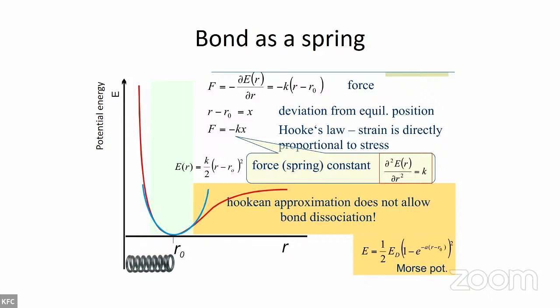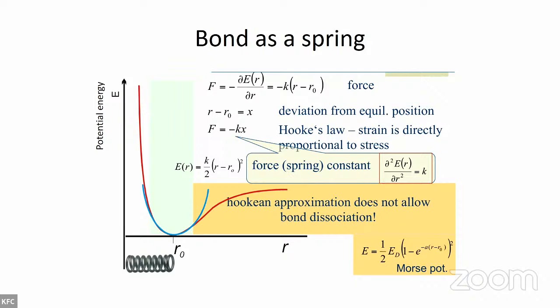And this usually works well when we are looking at stable organic molecules at their normal temperatures and normal behavior. But since we are using a harmonic approximation, we have a large problem here: it does not dissociate by itself under the typical definition of the force field.